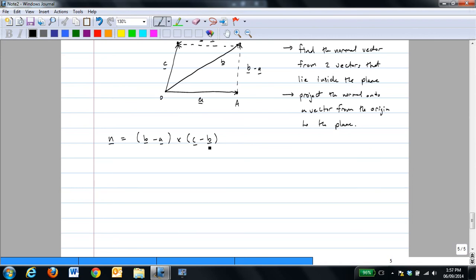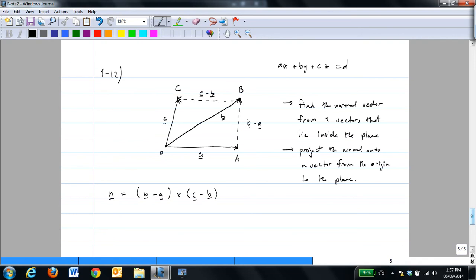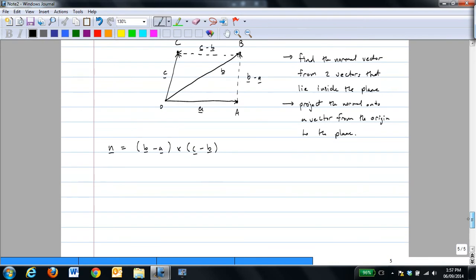Therefore, to find a vector that's perpendicular to the plane, we want to take two vectors that lie parallel to the plane. Because we know when you take the cross product of two vectors, the vector that is a result of the cross product will be perpendicular to both of these vectors here, both b minus a and c minus b, both of which lie inside the plane. Okay, so now that we have the normal, we can expand it out a little bit.